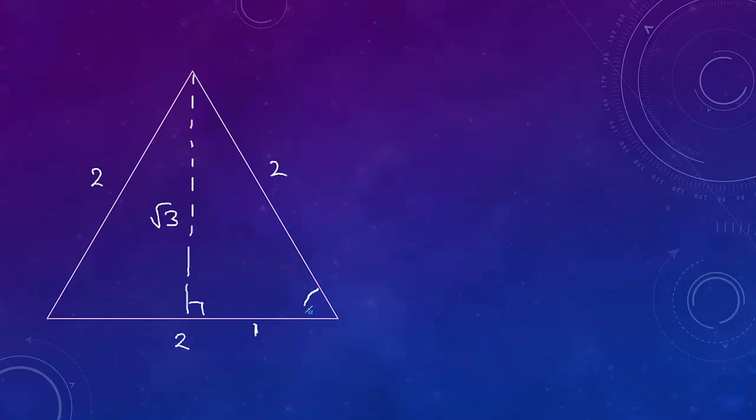Now, it was an equilateral triangle, so this angle here is 60 degrees, or pi by 3 radians. This angle here, having been a 60-degree angle split in half, is 30 degrees, which is pi by 6 radians. So the sine of pi by 6 would be equal to the opposite over the hypotenuse, so it's a half.